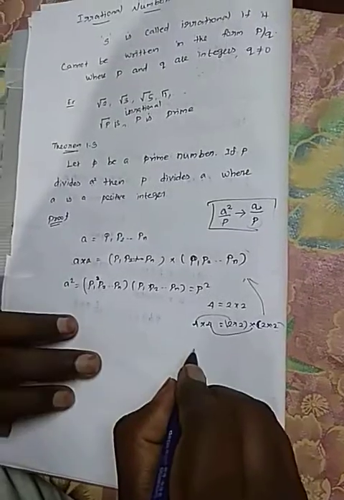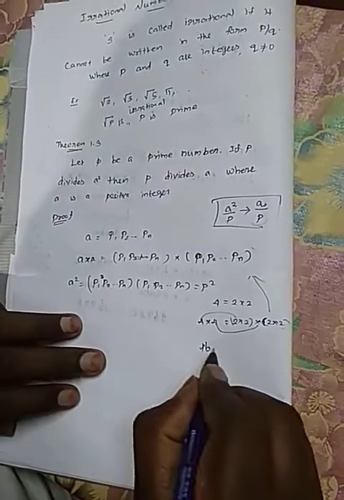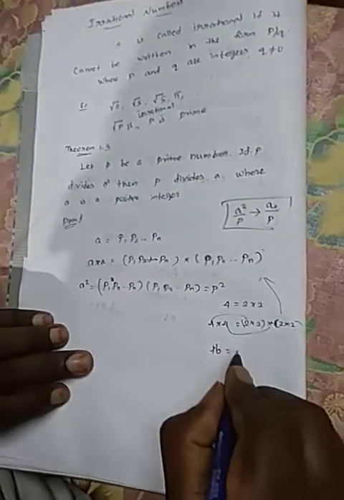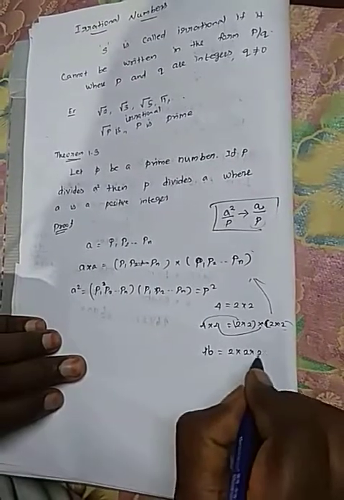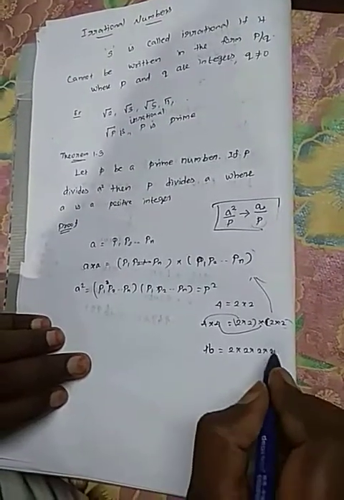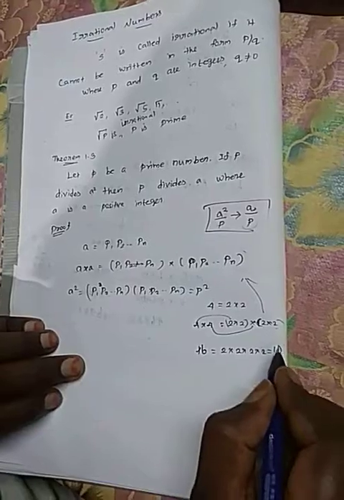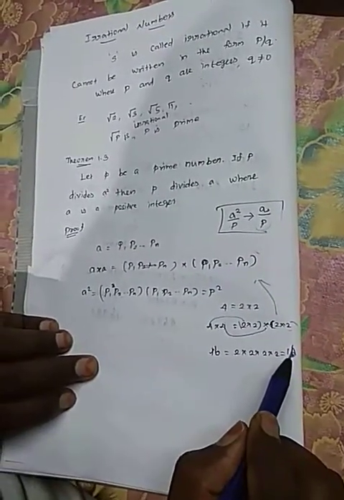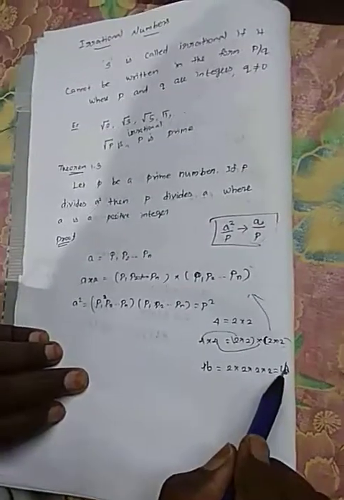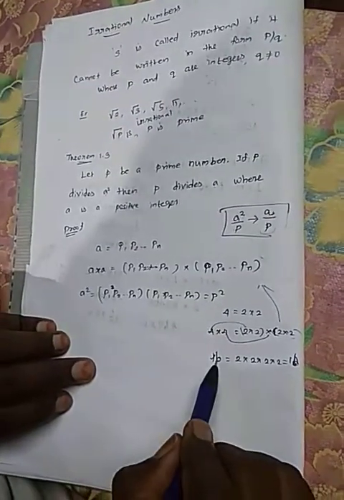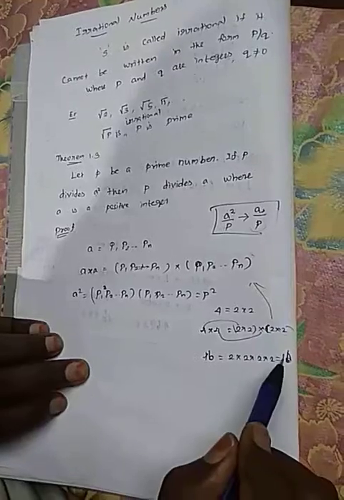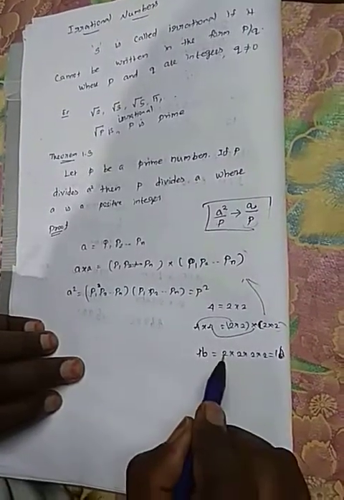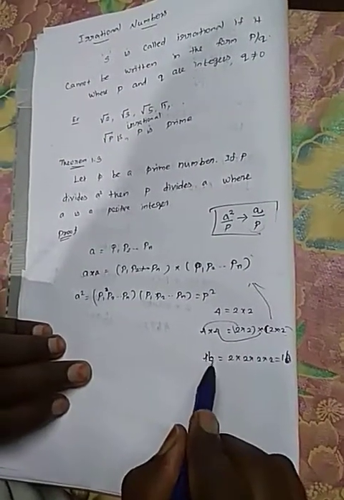Same example I will explain. 4 into 4 is 16. What are the prime factors of 16? 2 into 2 into 2 into 2. It is also equal to 16. Listen, so 16 divided by 16. This 2 also divides 16, you clear it.